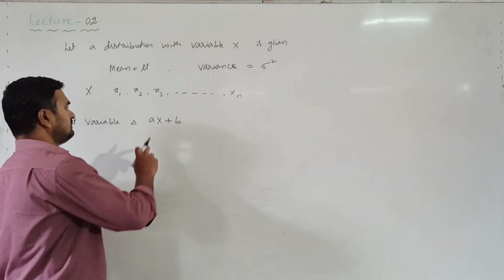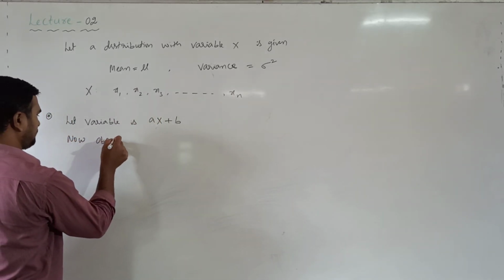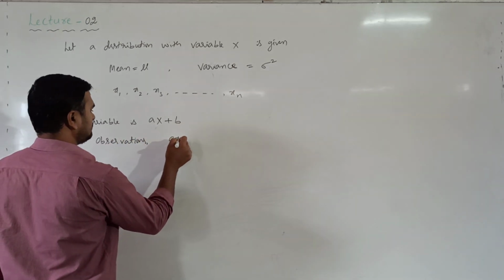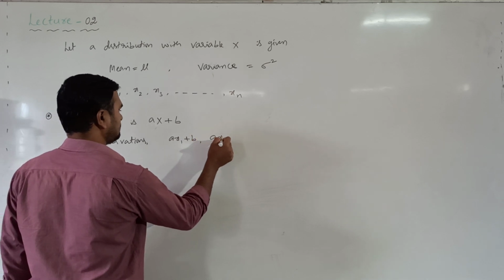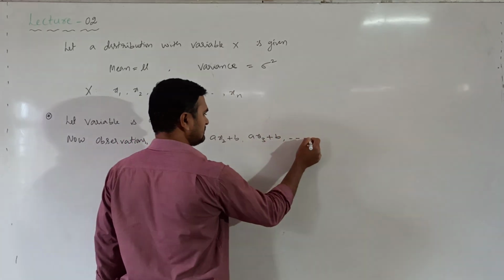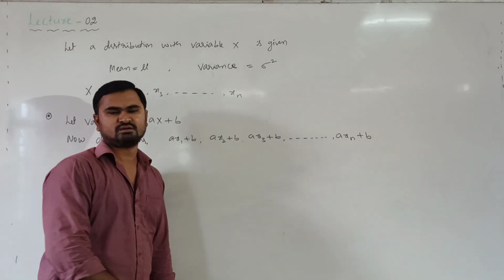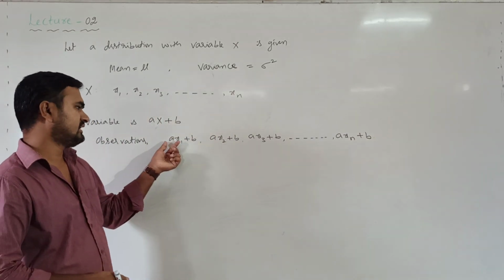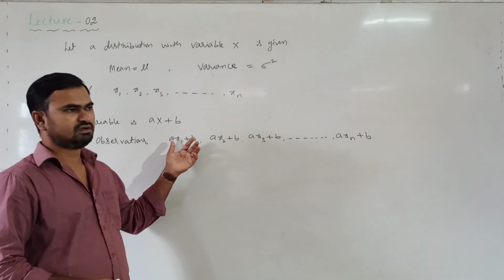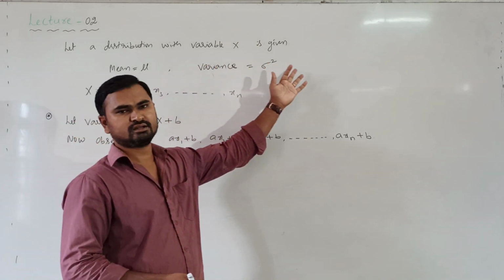So now the observations will become ax1 plus b, ax2 plus b, ax3 plus b, and so on, axn plus b. Each observation gets multiplied by a constant and added to the constant b. Now for this new data, what will be the mean and the variance?